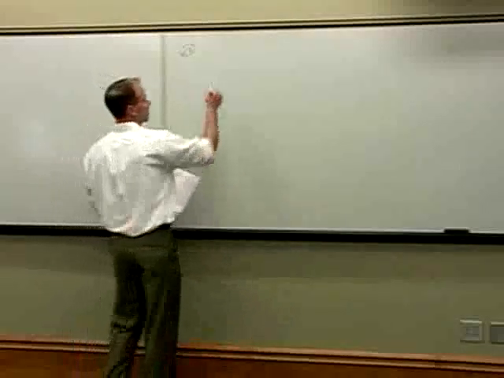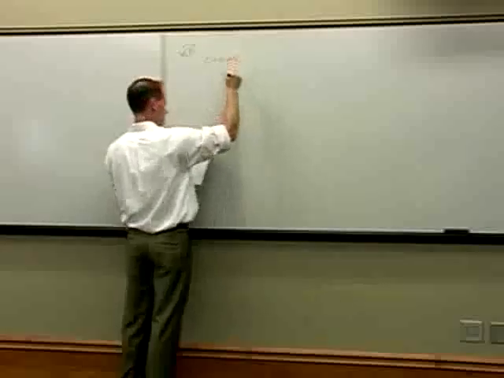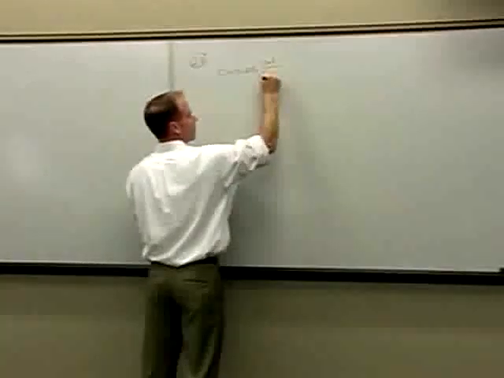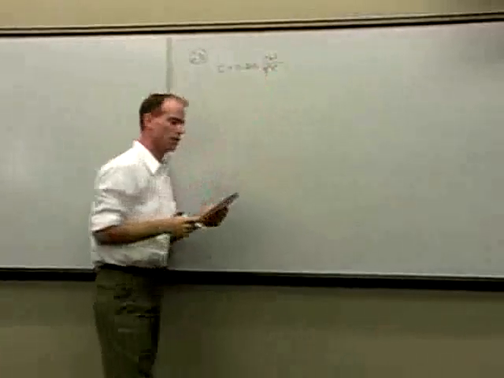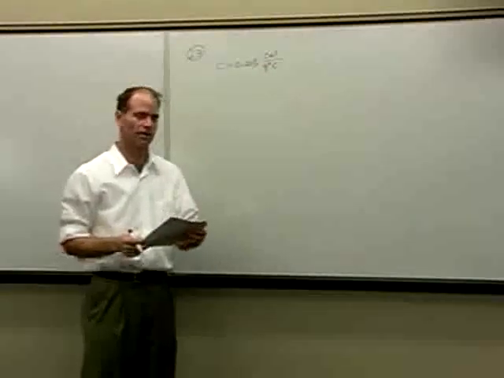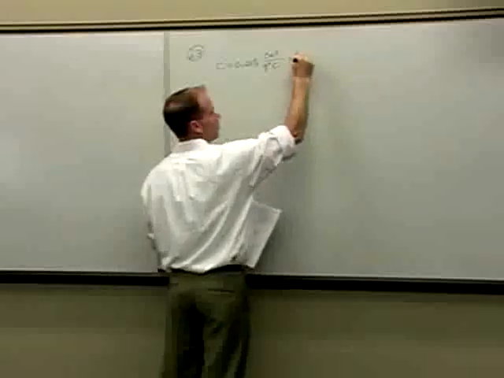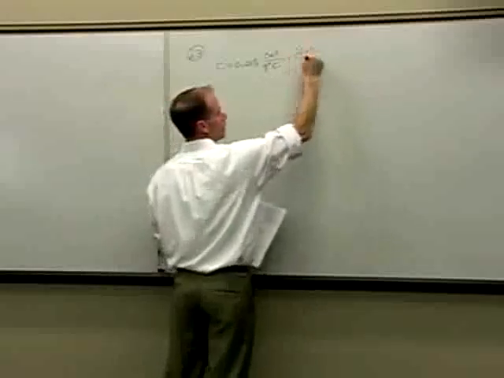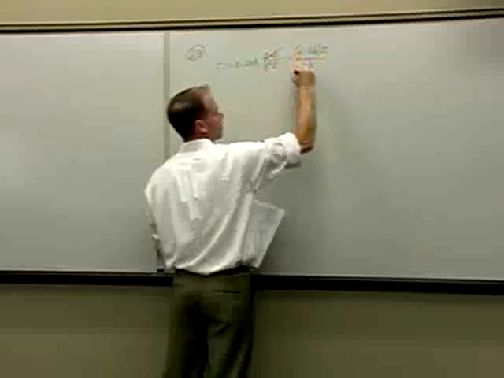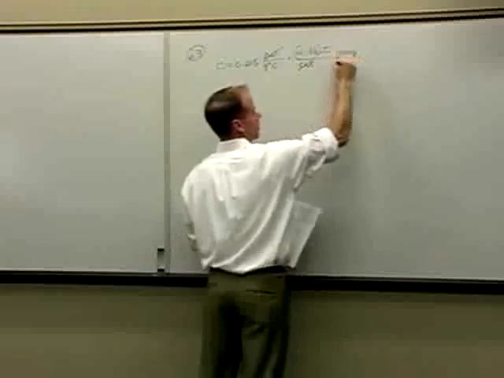And we're given that the specific heat for aluminum is 0.215 calories per gram per degree Celsius. We want this in the SI system, so we want this to be in terms of joules per kilogram. And there's 4.186 joules per calorie. And of course there's 1,000 grams per kilogram.